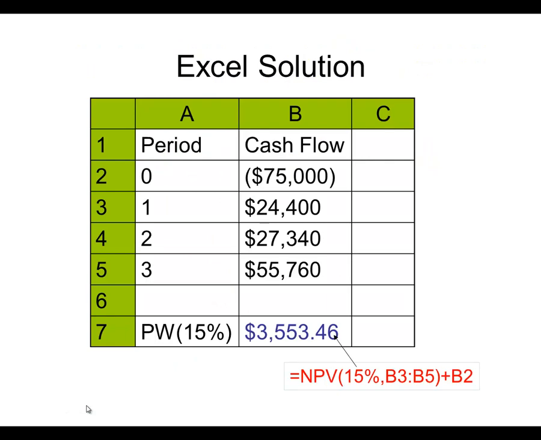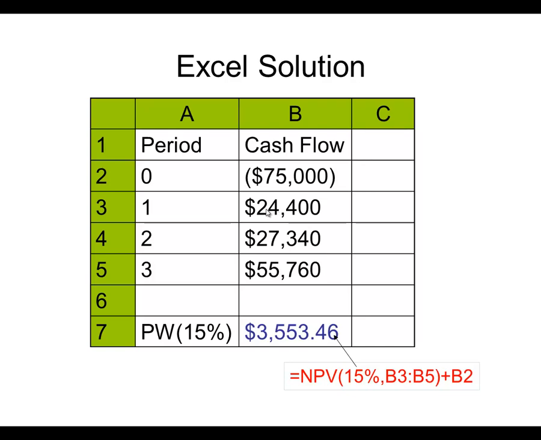We can also use Excel to find the net present value and make the judgment based on the results. All we need is to put the values in, as you can see here, and put the formula, which is net present value with 15% and the range of the inflows and outflows.